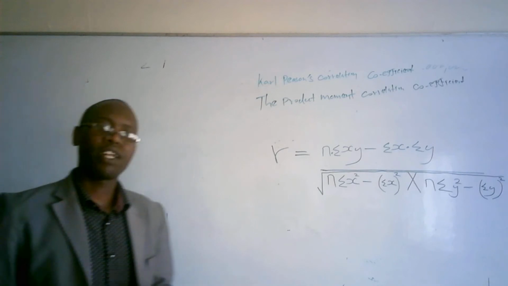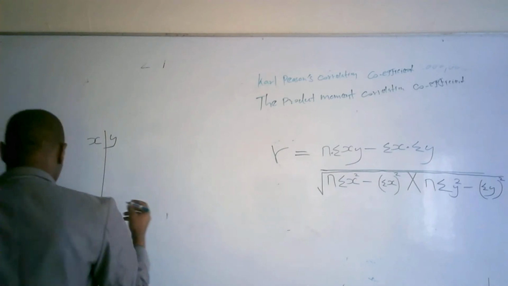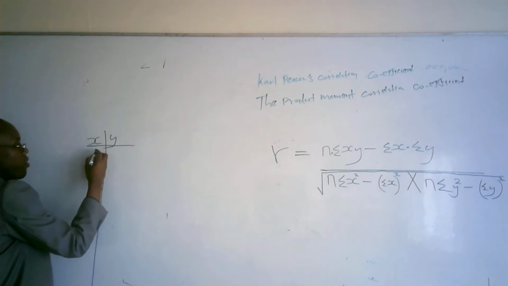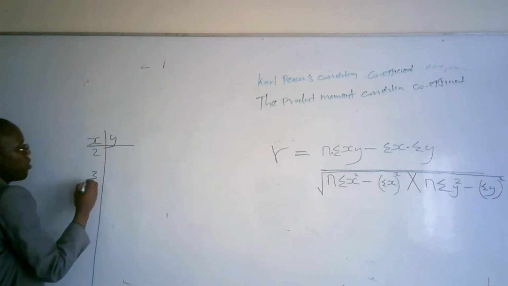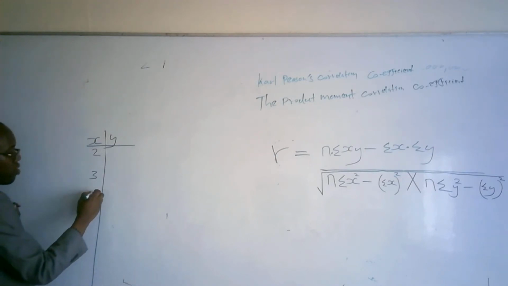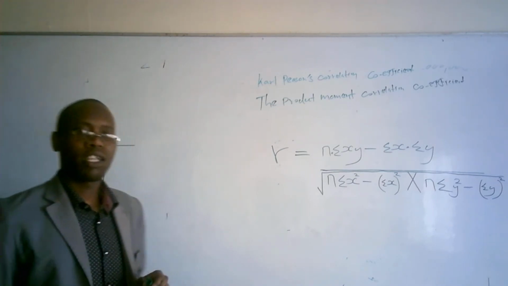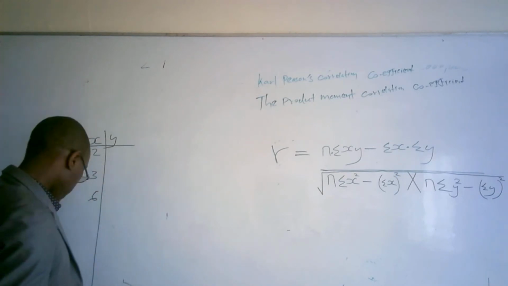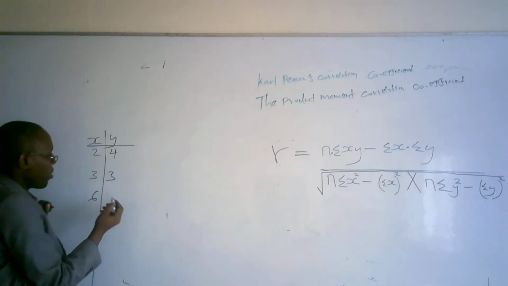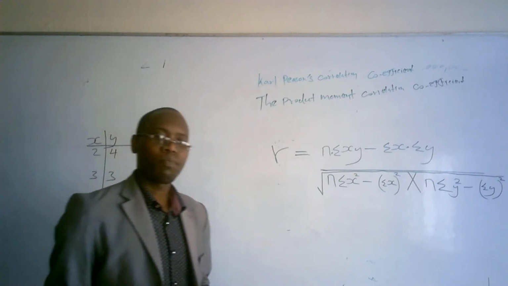The values of x may be 2, 3, 6. So let us have 3 of them so that you can develop an understanding easily. And then on y, you can have maybe 4, 3, 8.